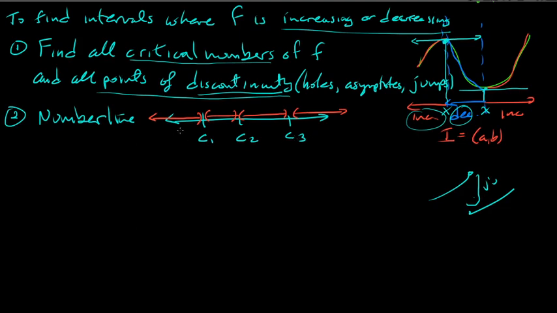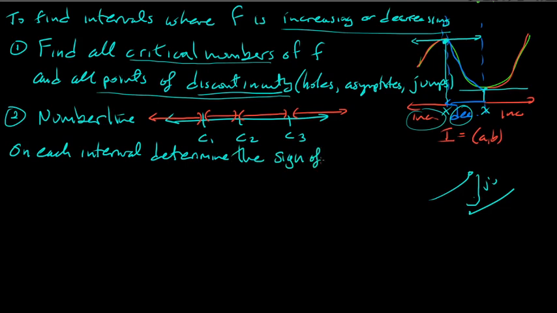So on each interval, we need to determine the derivative. Actually, we don't care what the derivative is. We just want to know the sign of the derivative, whether it's positive or negative.